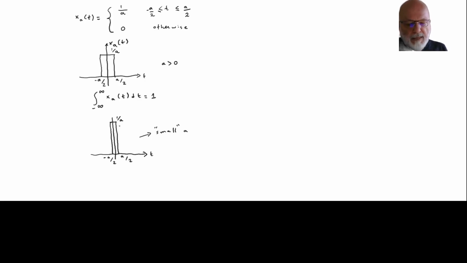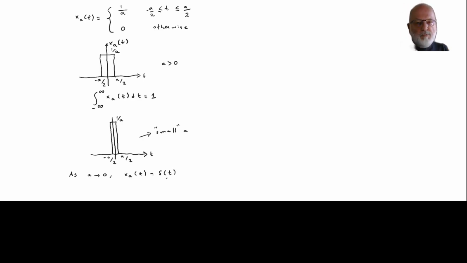That means we have in fact a divergence phenomenon in this case, 0 duration and infinite magnitude. That is in fact called an impulse. So as a tends to 0, xa of t will tend to delta of t.